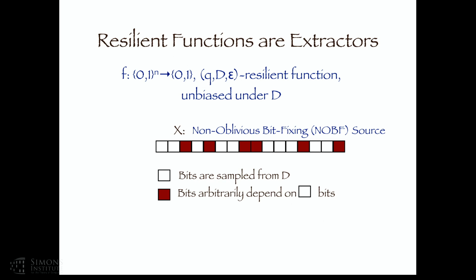If you have a function f which is Q, D, epsilon resilient, and it's also unbiased on the distribution D, then it's easy to see that the probability f of x is 1 is close to 1/2. This is because its bias is 1/2, and the bits in the red coordinates can at most change the value with probability epsilon, so they can bias the value of f of x by at most epsilon. So f is an extractor for all such sources.